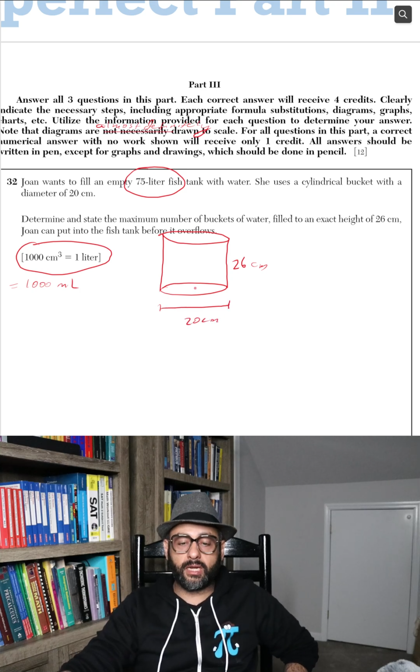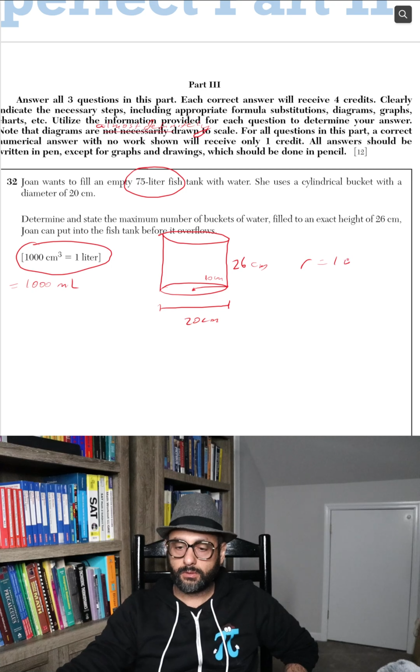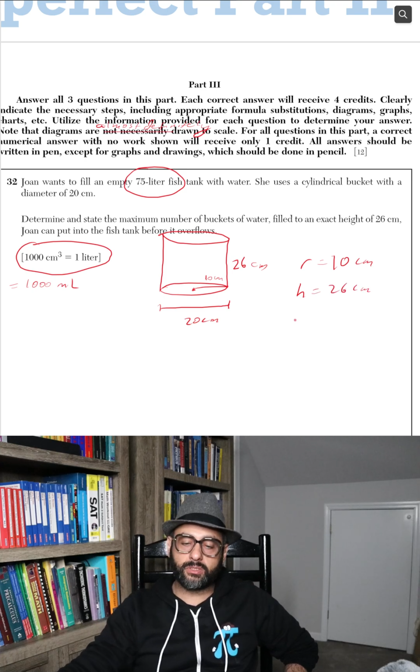They're giving you the diameter. You need the radius to get the volume. R equals 10 centimeters. So the radius is equal to 10 centimeters, and the height is equal to 26 centimeters. And so then what's the volume?